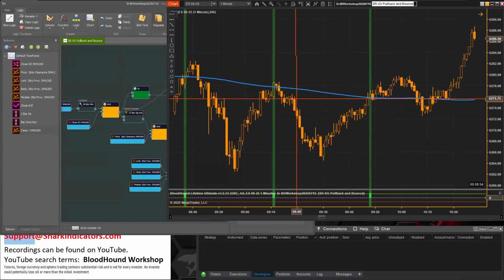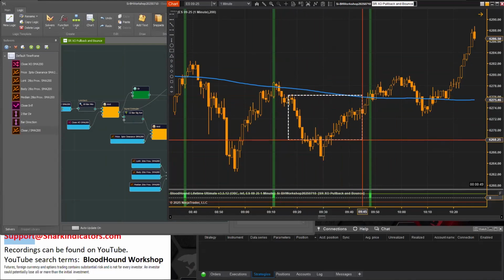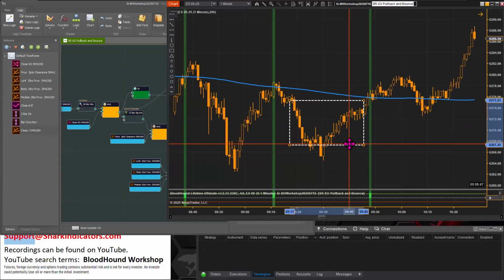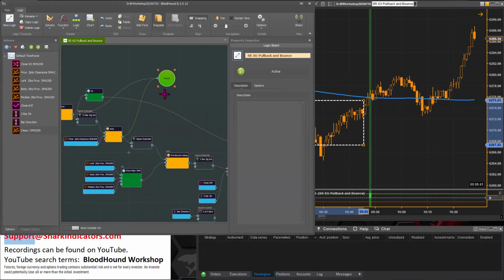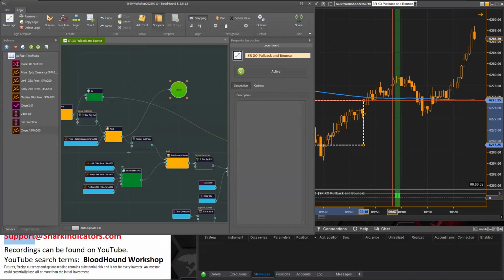Oh, okay. So here we go. Here's our 20 bar requirement. There we go. Market's been below. It crossed up. All right, so there's our minimum clearance right there.